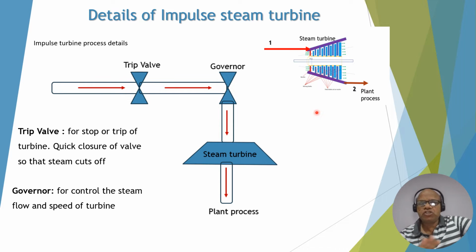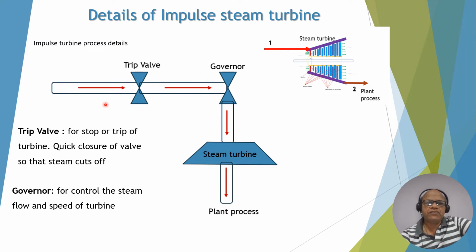Please note that no machine is built as a pure reaction turbine. Only in hydraulics, the Kaplan turbine, is a pure reaction turbine. In a steam turbine, it is either an impulse turbine or an impulse and reaction turbine. No pure reaction turbine.